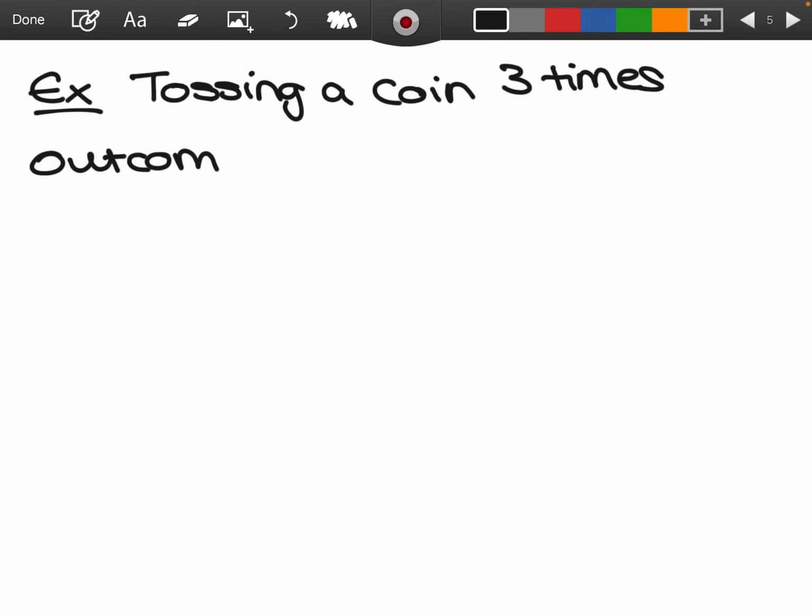So the outcomes here are going to be 3 different things, because again, we're tossing the coin 3 times, where each time we can have heads or tails, heads or tails, heads or tails.